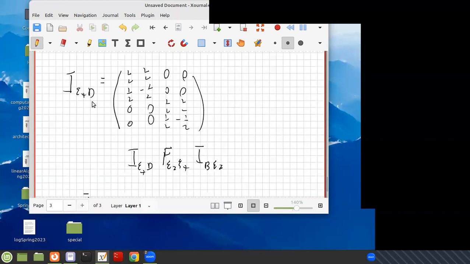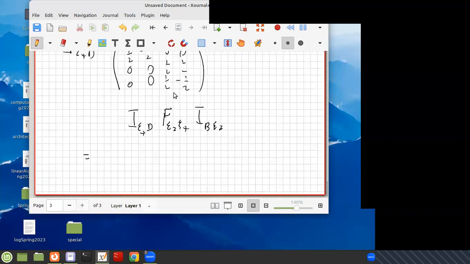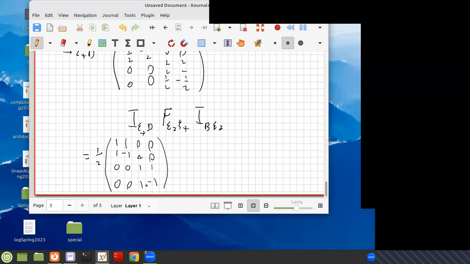So I can just factor out the 1/2 from the whole matrix, leaving ones behind. It'll be much easier to write. So I can pull out a 1/2, then put here 1, 1, 0, 0, 1, minus 1, 0, 0, and then 0, 0, 1, 1, and 0, 0, 1, minus 1. Okay? That makes it easier to write.